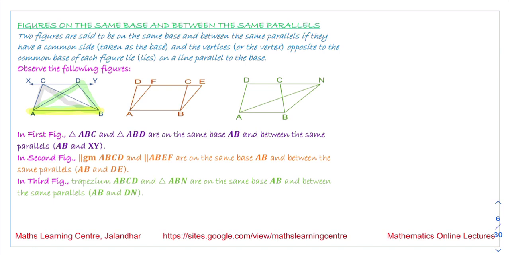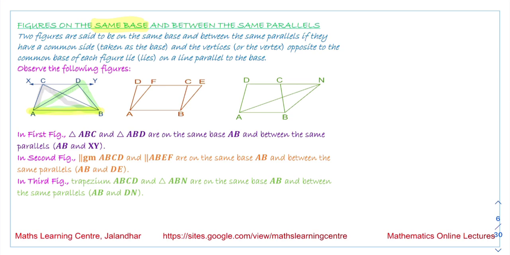Now the second condition we have is that they have the same base. It is clear that they have a common side, so we say they have the same base. And the next thing is that the vertices opposite to the common base of each figure lie on a line parallel to the base.